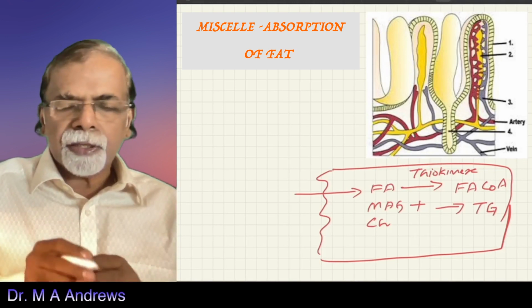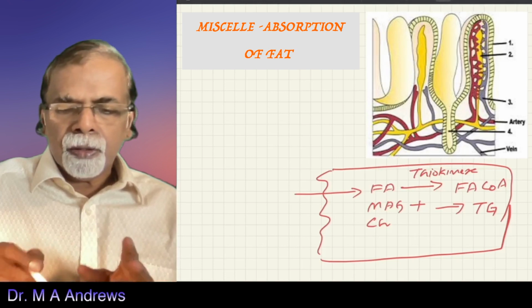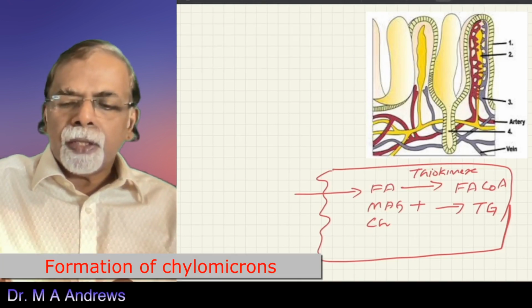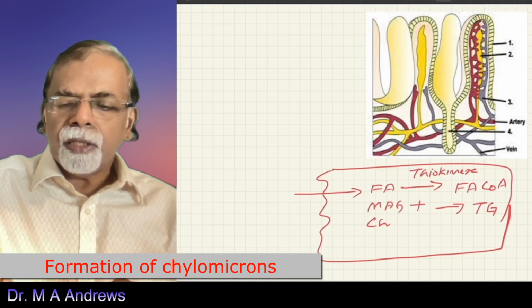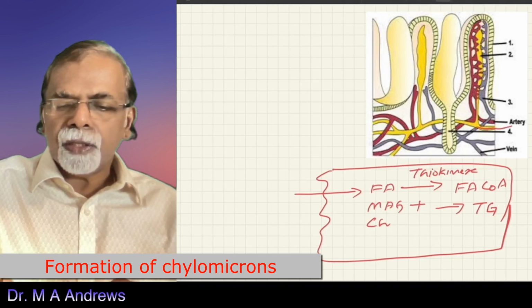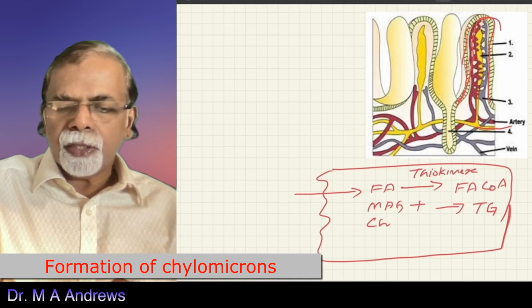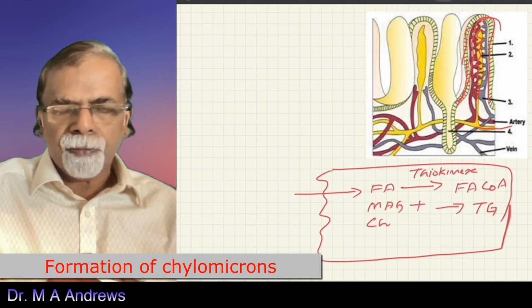Then we have already discussed how the formation of the chylomicron is occurring, and the chylomicrons are passing via the lymphatics. These are the villi of the jejunal or the small intestinal mucosa. Foldings are there, and inside you can see the lacteals and the blood vessels.